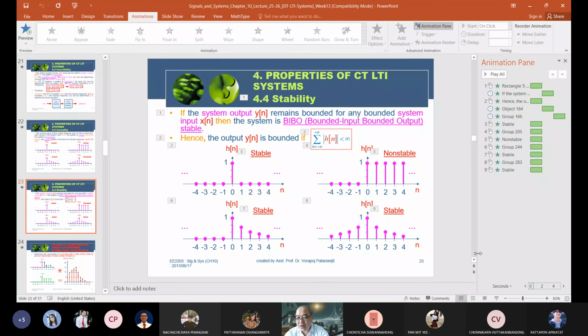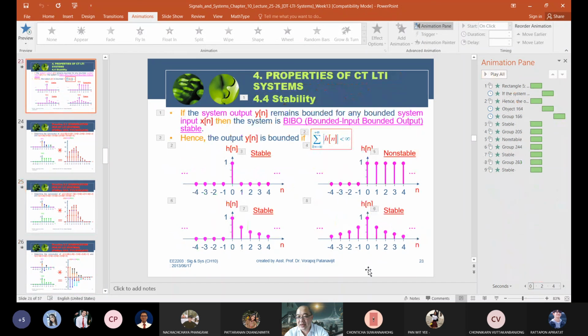Now, try to do the rest as an exercise. Can you see the homework?